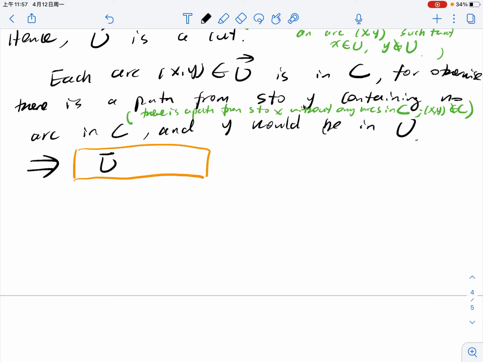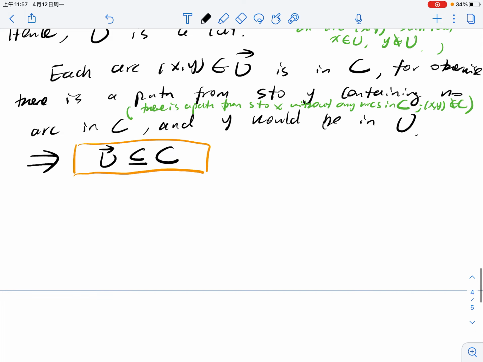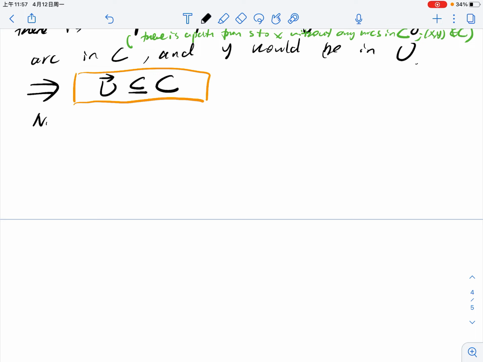Property: the set U right arrow is a subset of S. Okay, and from the statement in the lemma, we need to verify the opposite direction.